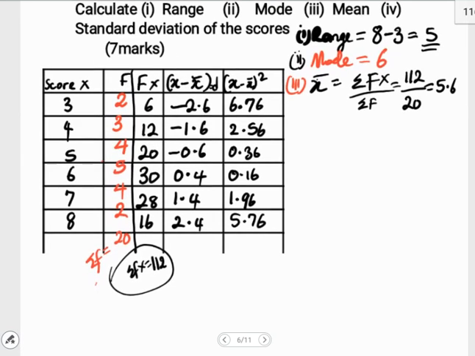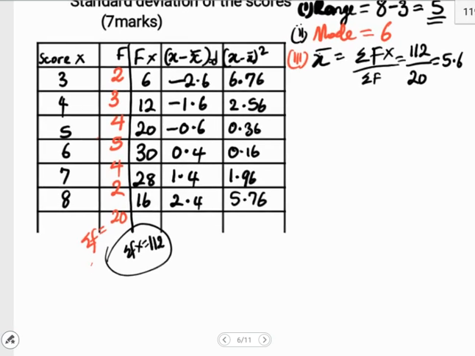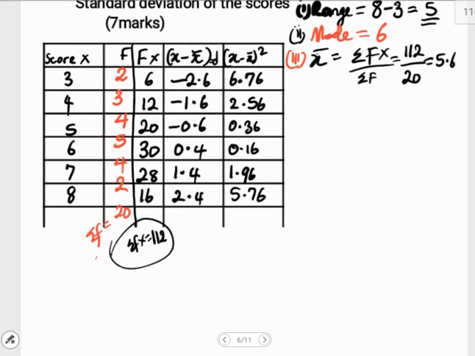Okay, let's quickly have a formula written down. We have standard deviation, which is the square root of variance, square root of summation f into x minus x bar squared over summation f.